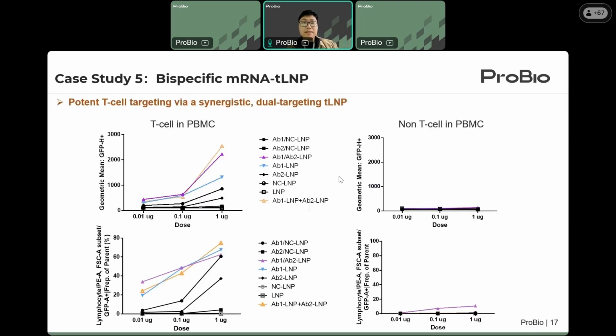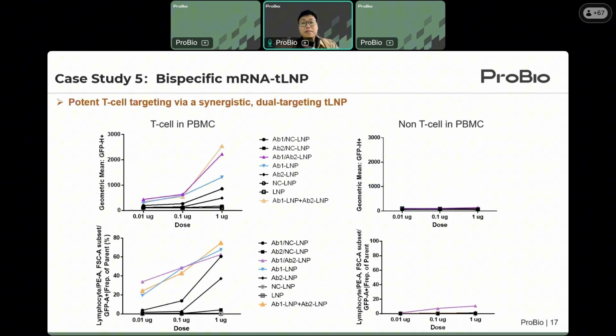Okay, this case number 5, actually, I don't really want to show this, but I think I should show it because it shows our team is working on the bispecific mRNA-tLNP. This is designed by the ProBio Antibody Development Department.